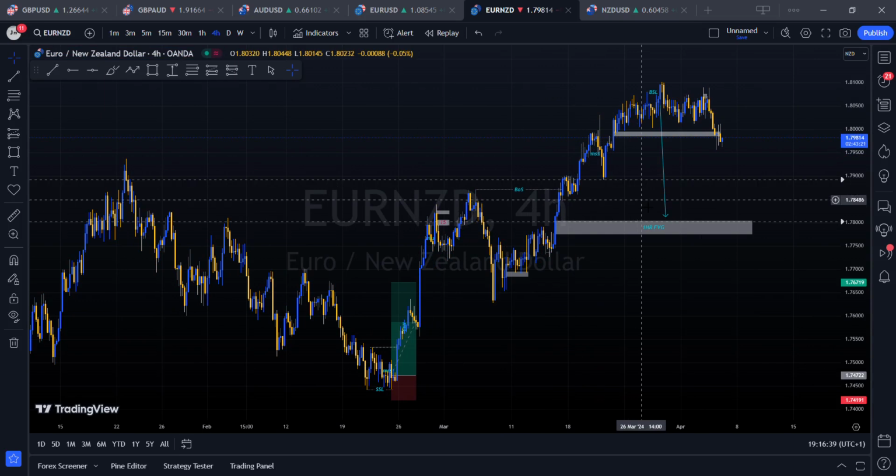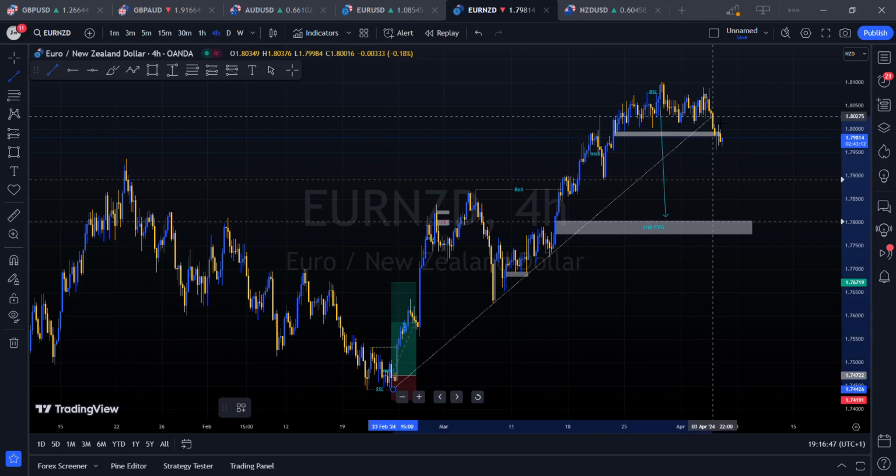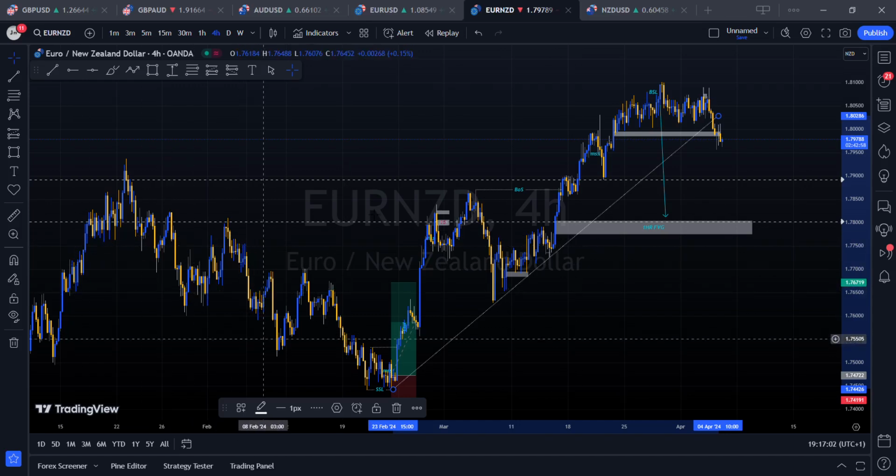Price has been on an uptrend. Basically I don't do trend lines, but for those that use trend lines, I just want to use this to show some ideas. So price has been on an uptrend, creating higher highs, lower highs, higher highs, lower highs.